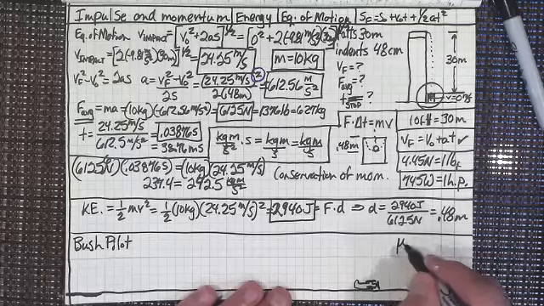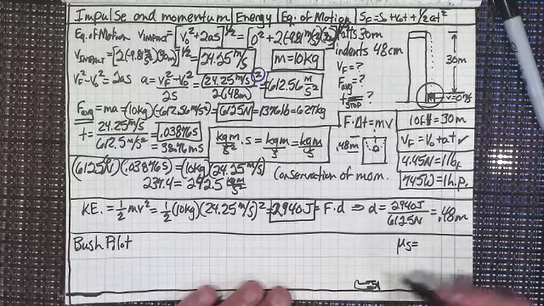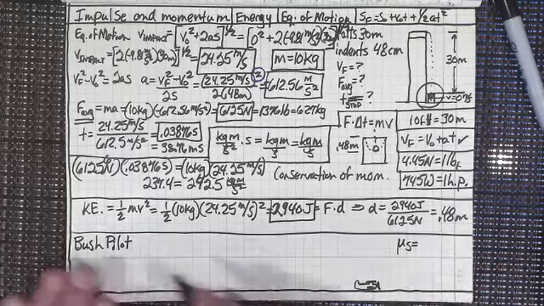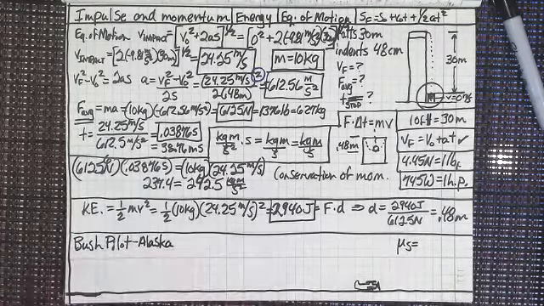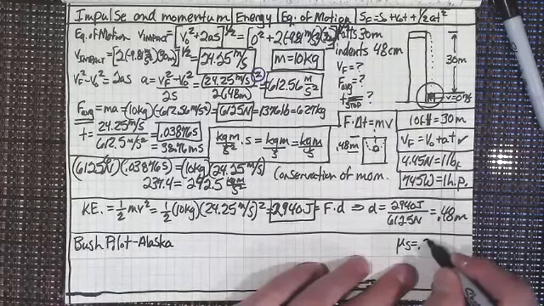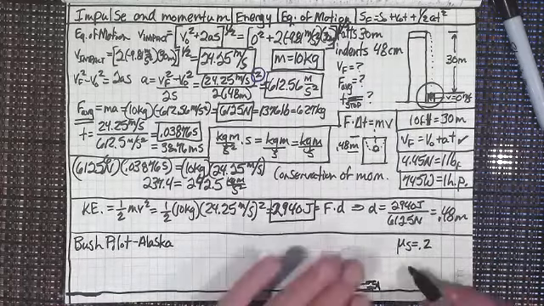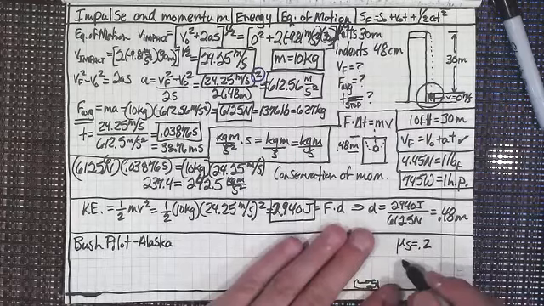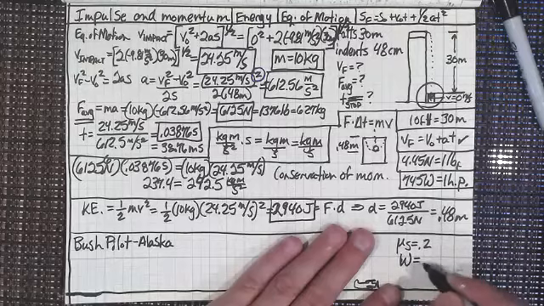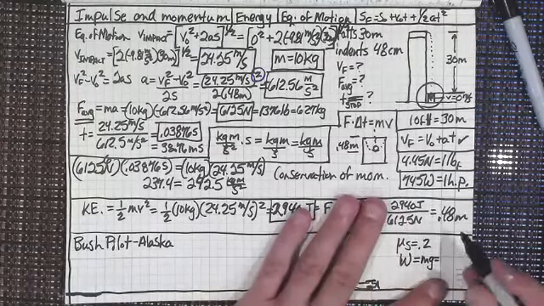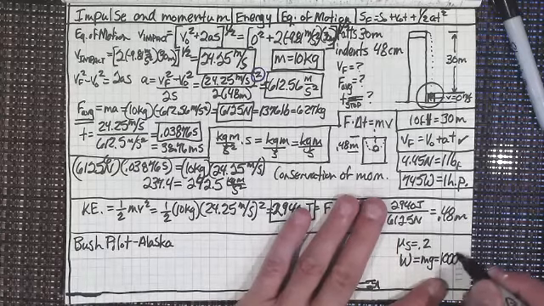So the coefficient of static friction between the skis and the snow, for our Alaska bush pilot, I'll put Alaska, I'm regionalizing him, is going to be 0.2. We also know that the weight of the plane, and of course that's mg, is going to be equal to 1,000 pounds.